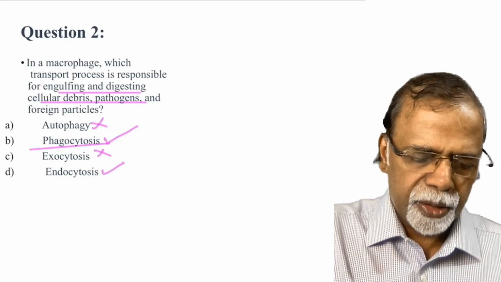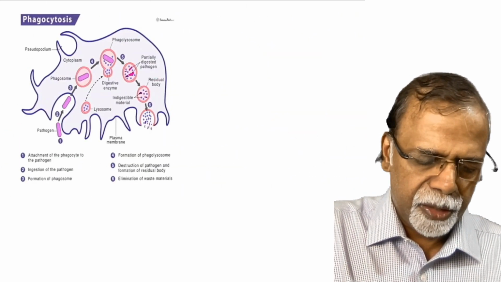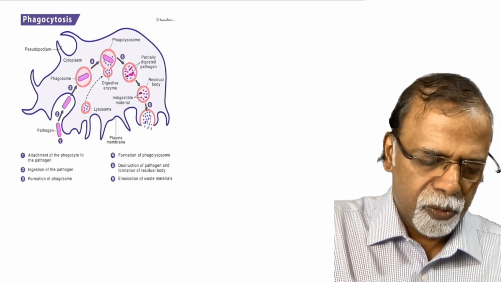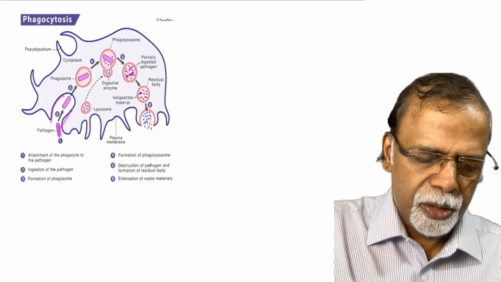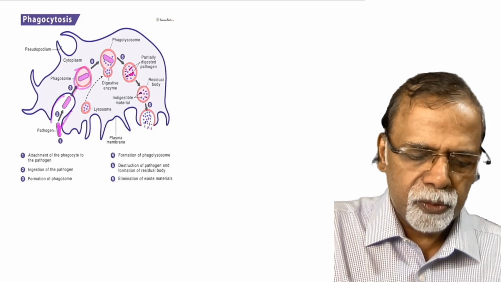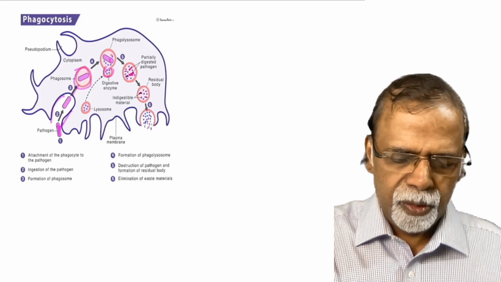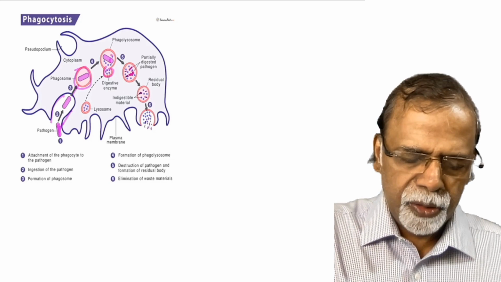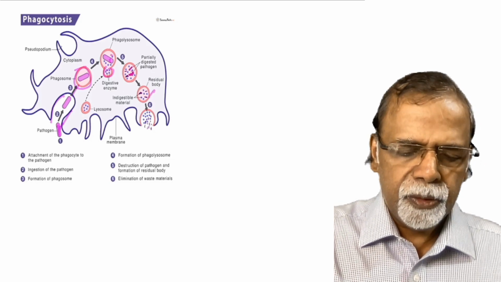So again you can see here, suppose a bacteria comes, a pseudopodia develops, it engulfs, it goes to the vesicle, and later it fuses with the lysosomes, enzymes, and is destroyed. And the residual things can be released by exocytosis.